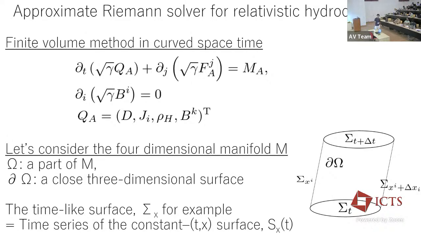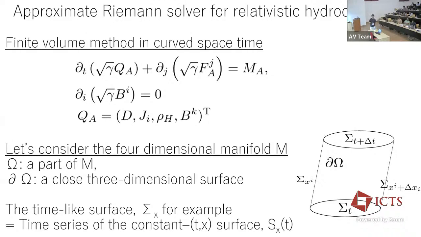So let's consider this basic equation for the ideal MHD case. The conservative quantities are the density, momentum, energy, plus the magnetic field. But this magnetic field should satisfy the divergence-free, magnetic-monopole-free condition, right? And you have source terms which depend on curved spacetime quantities, like the lapse function or the shift function.